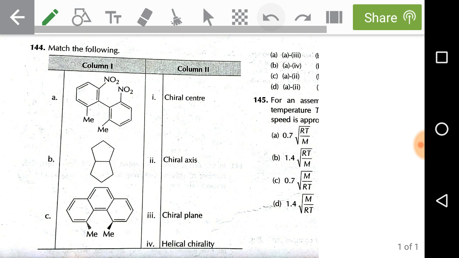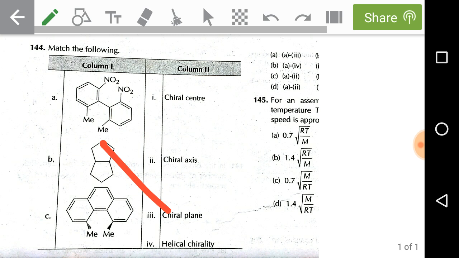Okay, right. Next one, match the following. So just observe, the second one, the B structure is simply a double bond and directly attached. Okay, so not that structure, the structure is simply here, you can see a double bond and these two carbons are directly connected. Okay, so that is the correct structure. And you can see here the axis is there, that means chiral axis for A. Okay, so this is chiral axis A matching with chiral axis, and B here double bond and this is directly connected, so chiral plane for it.